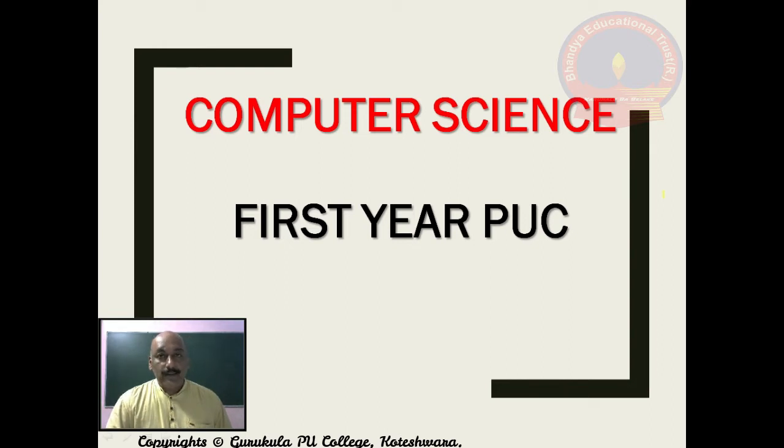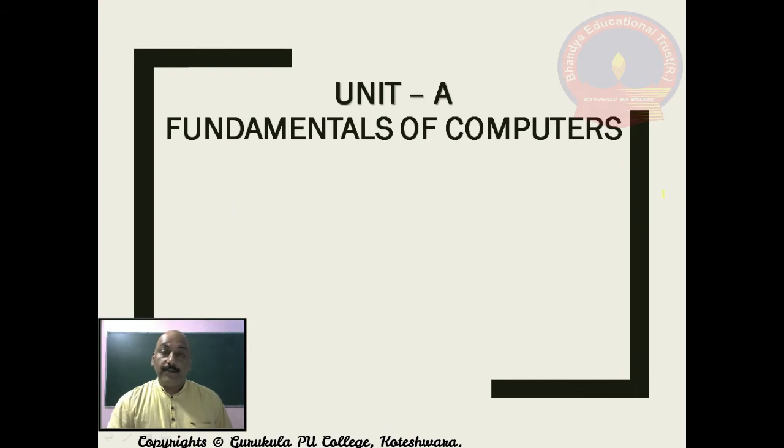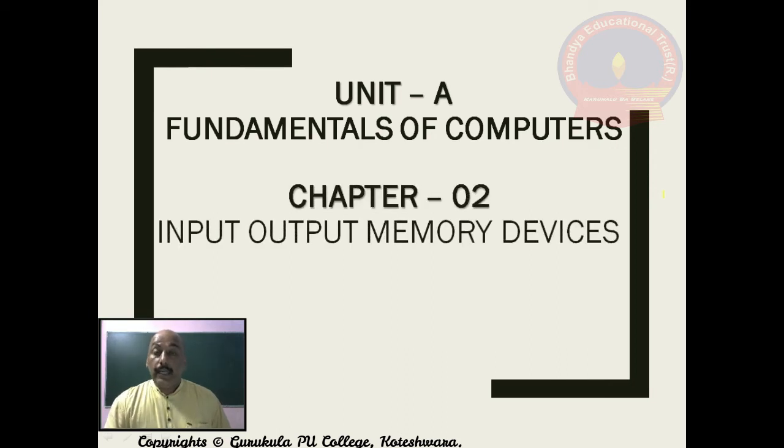Students, in the last 5 sessions, I discussed with you the first chapter of the Computer Science subject, from Unit A, Fundamentals of Computers. Today's session, I'm going to discuss with you chapter 2, input, output and memory devices.